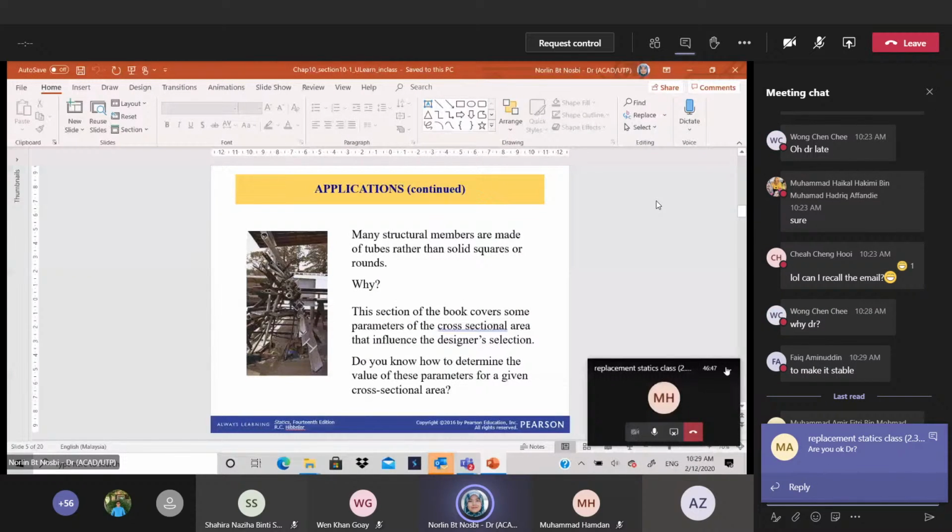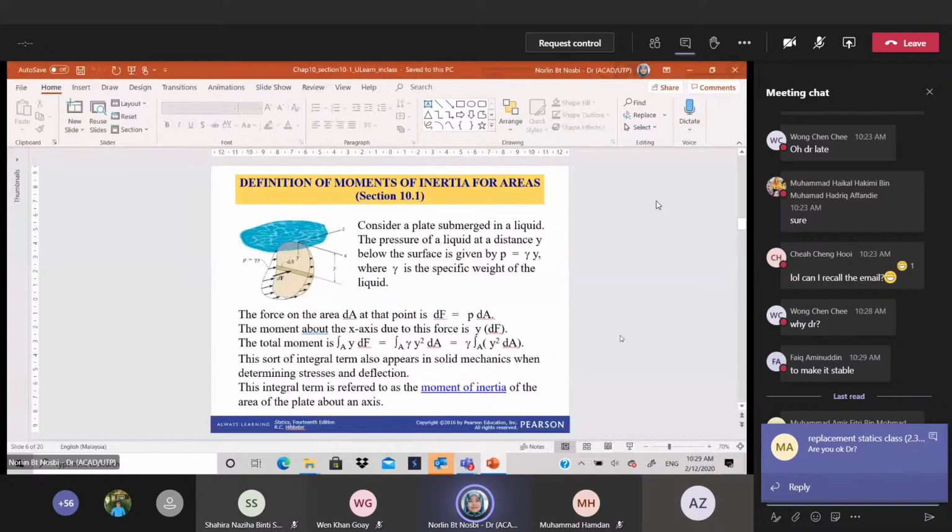Now let us look at the definition of moment of inertia. For example, this plate, you submerge in a liquid and press down this plate. On this surface there's a pressure, which equals gamma y.